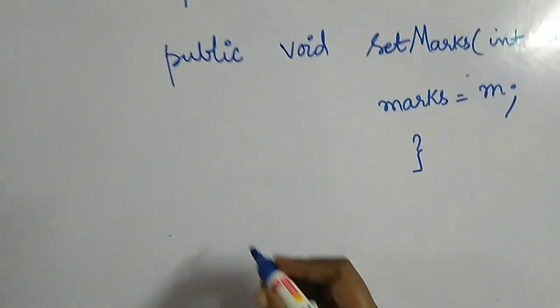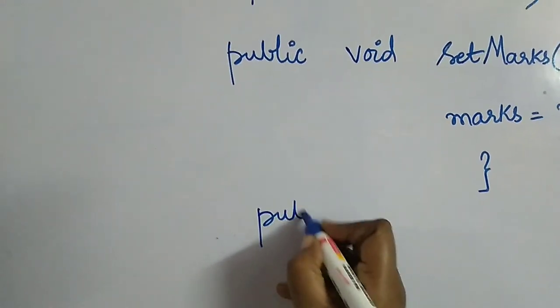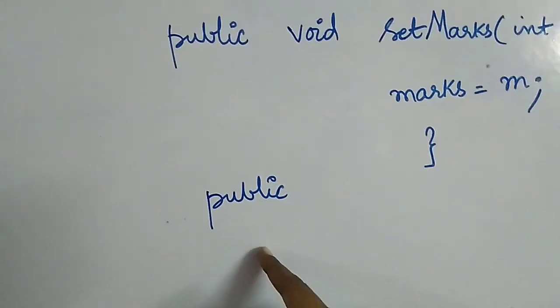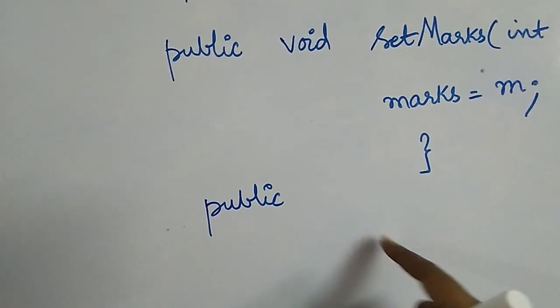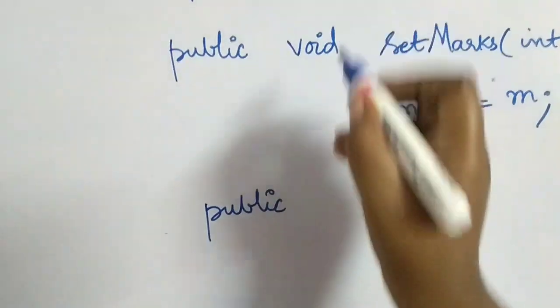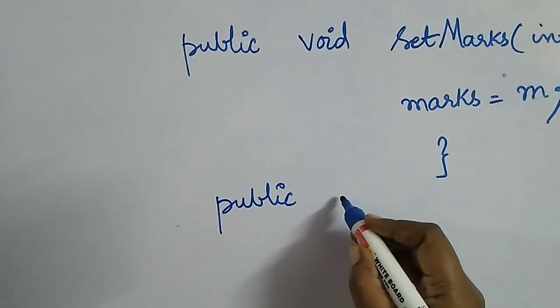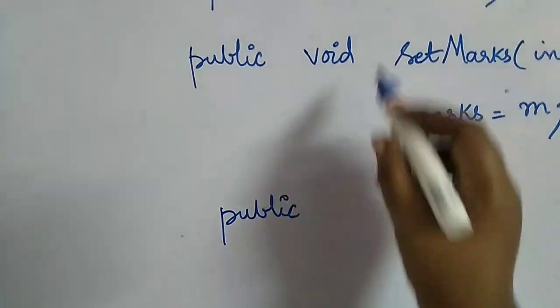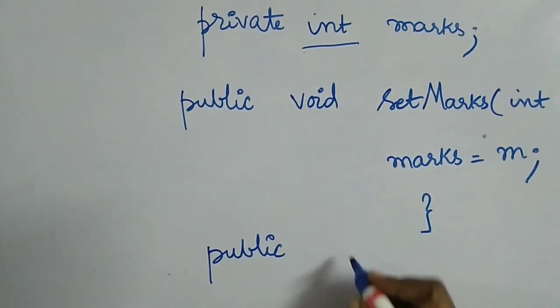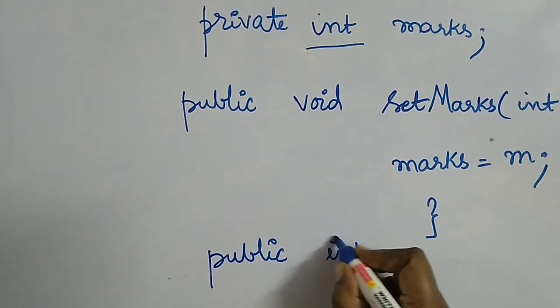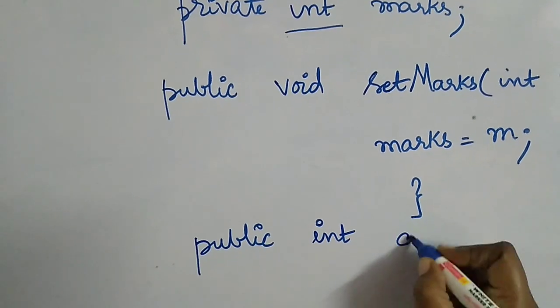Now we can also retrieve the information of marks by using a public method. This is the get method. The get method will return the marks. The return type of the get method will be the same type as the data type of the private variable, so the return type will be int. What is the name of the method?